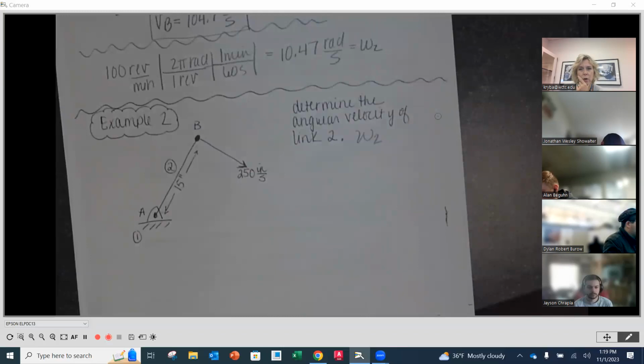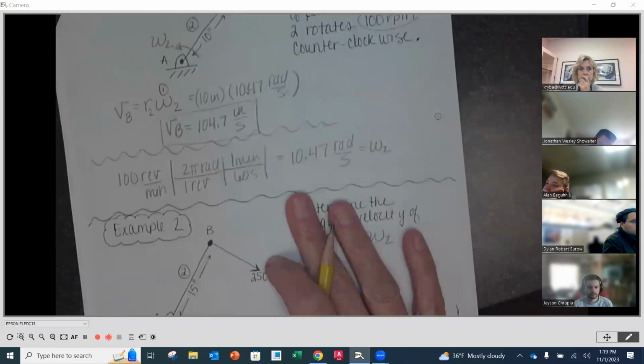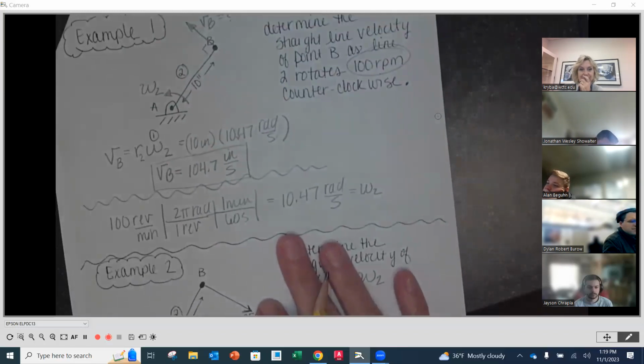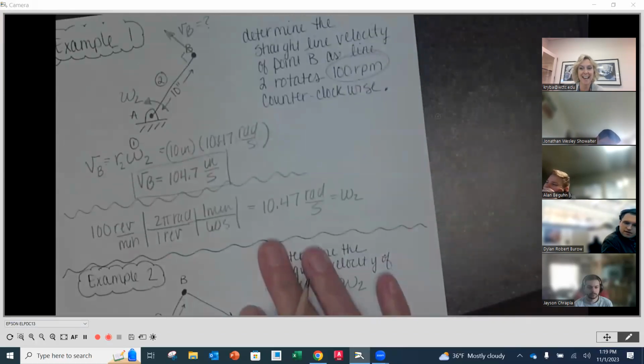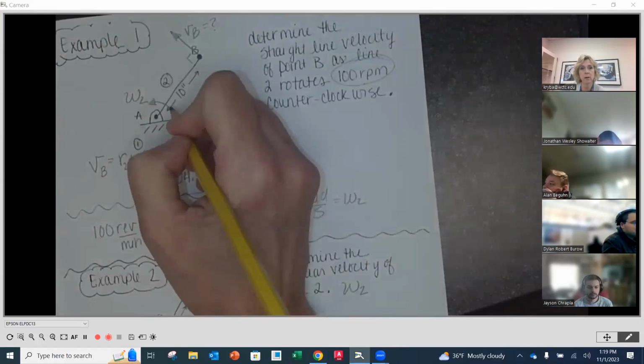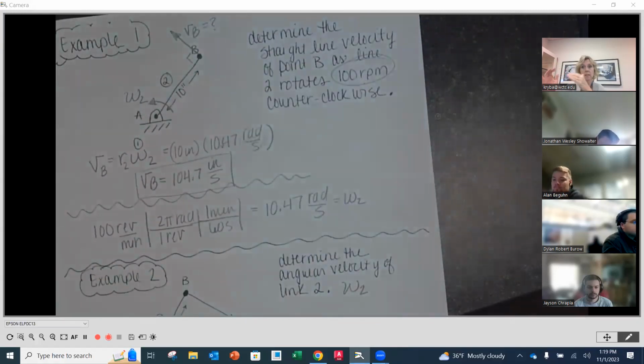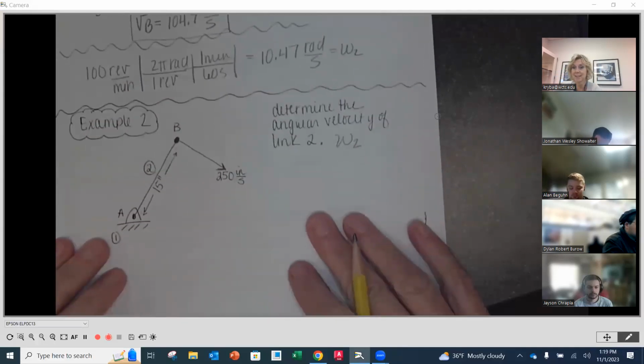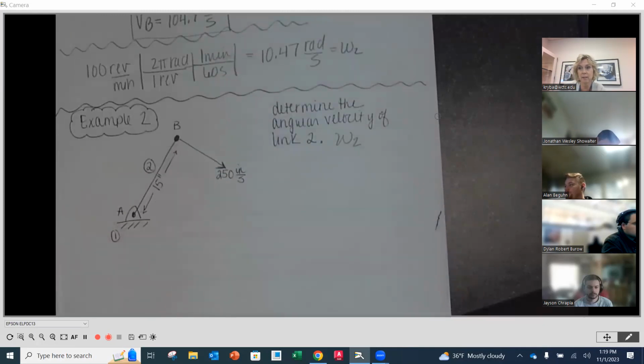So how do I show a W2? Just like that. Yeah. So we're going to have it like it curves around. It's going to rotate around. Now it's either going to go clockwise or counterclockwise. And that's going to be determined by, didn't tell us which way, by that straight line velocity.